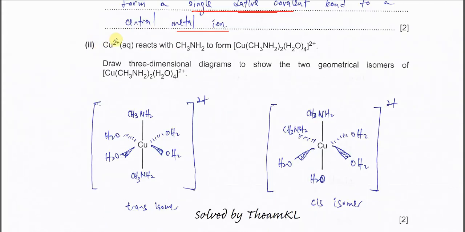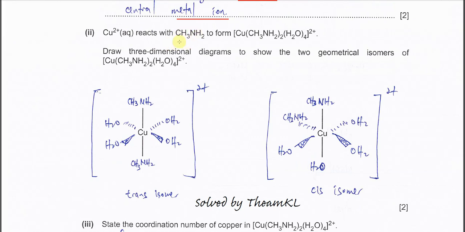Copper 2+ reacts with the methylamine to form this complex ion. This complex ion has 2 methylamine and 4 H2O. This one is an octahedral complex because it has 6 monodentate ligands.